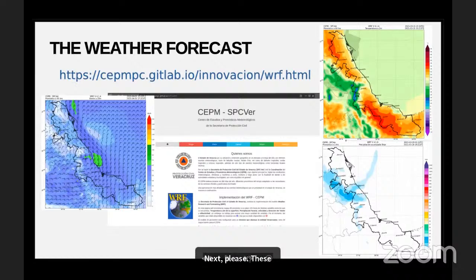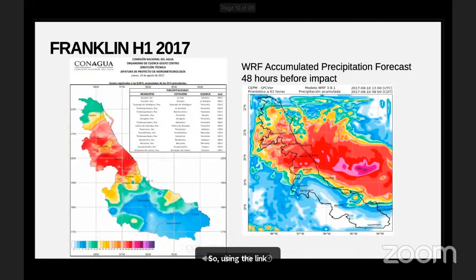These are examples of precipitation, temperature, and wind maps using the link. I have 2 examples of 2 hurricanes during the 2017 hurricane season.